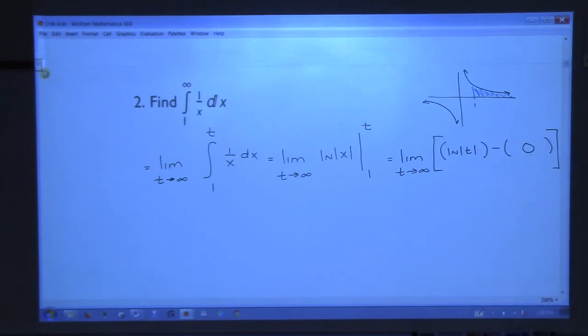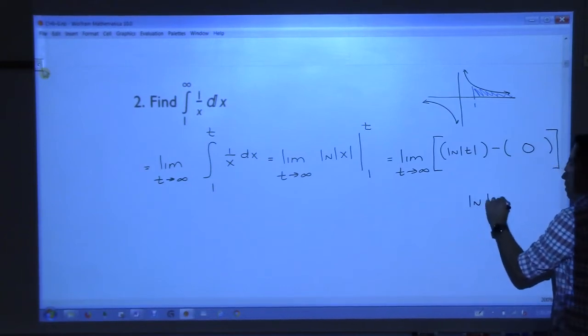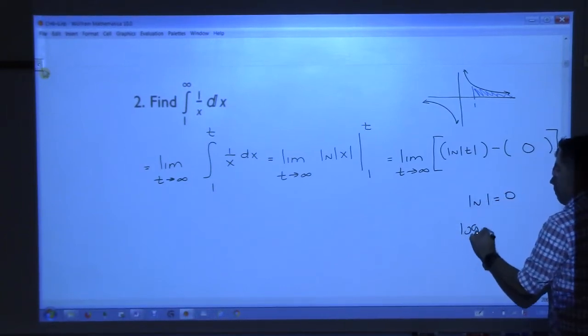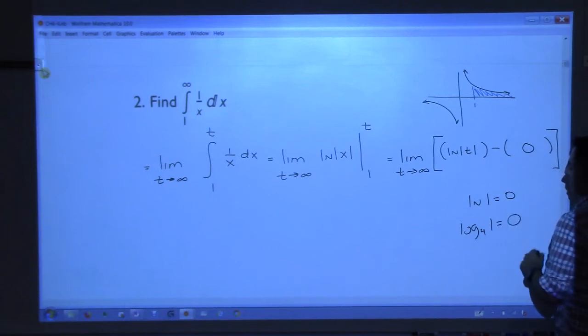That's one of those things from somewhere in the past you should just know, right? Natural log of 1 is 0. But any log of 1 is 0. So natural log of 1 is 0. Log base 4 of 1 is 0.